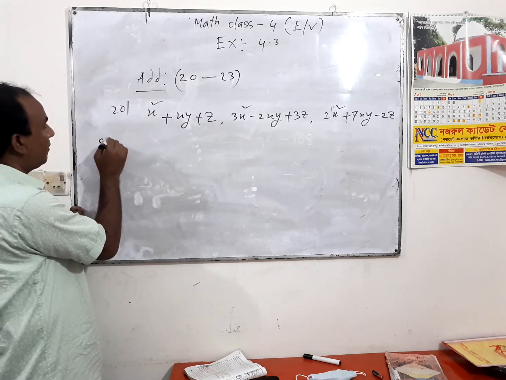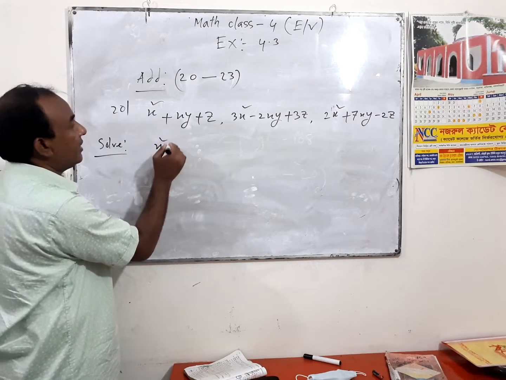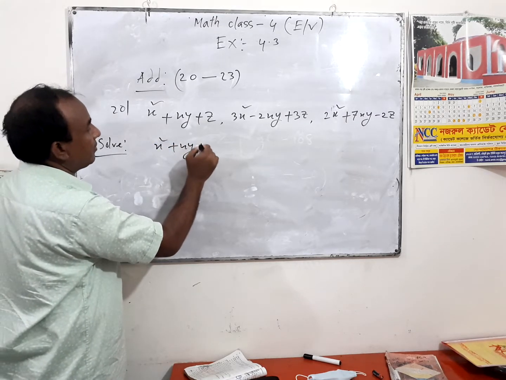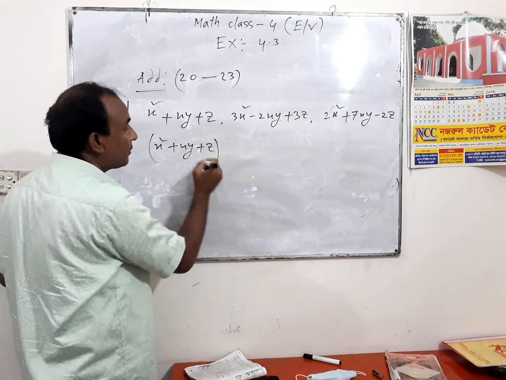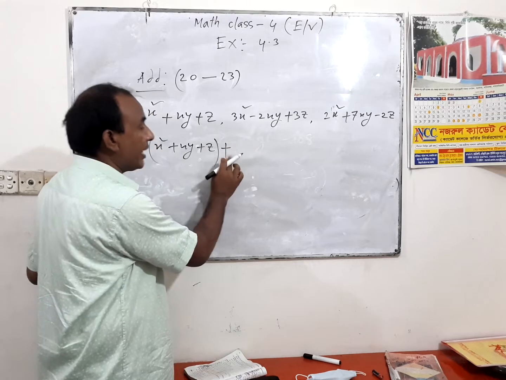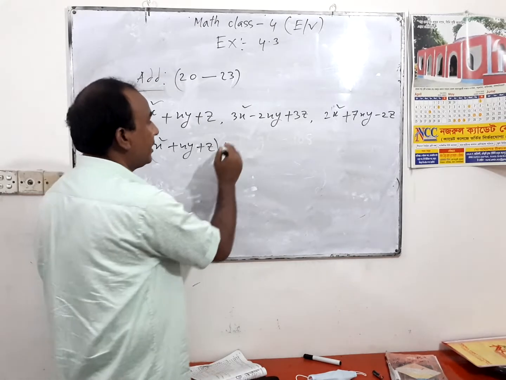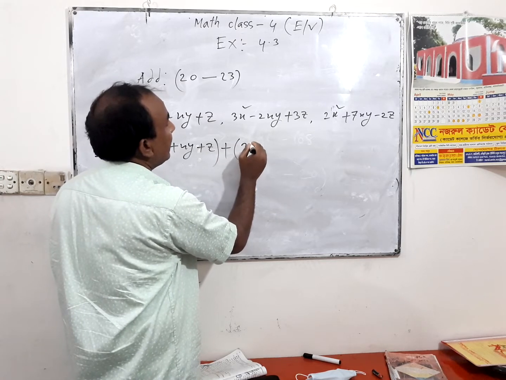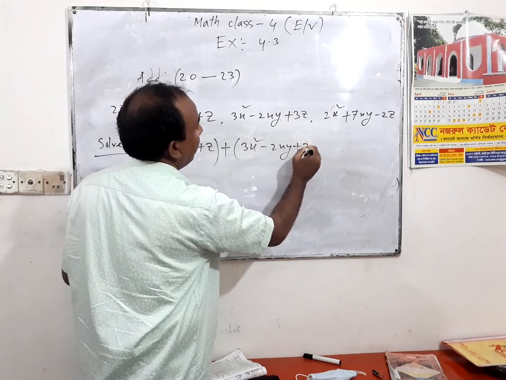Solve. x square plus xy plus z. This is the first expression. We have to put it in a bracket because we are going to add. That's why we put the add sign here. Okay, and we write the second expression here.